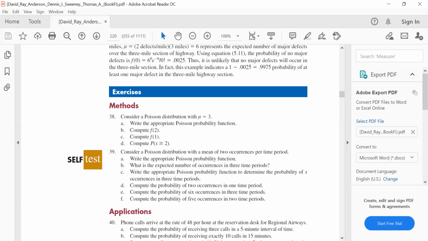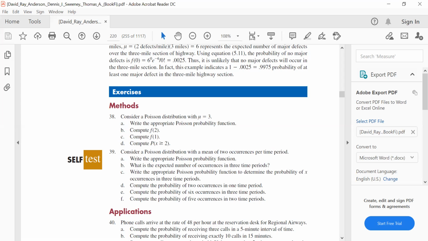And part F. Compute the probability of 5 occurrences in 2 time periods. So we first compute for 2 time periods. We know that our mean is 2 occurrences per time period. Now we have 2 time periods.